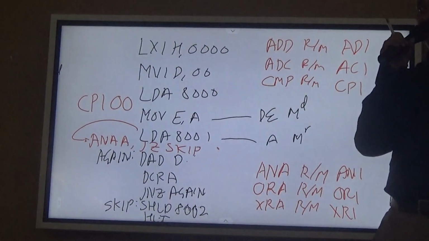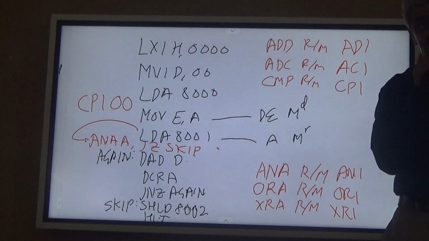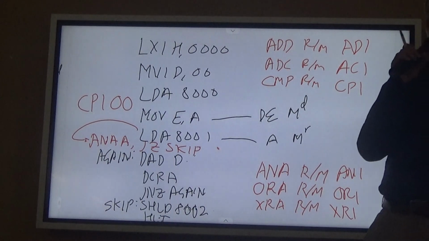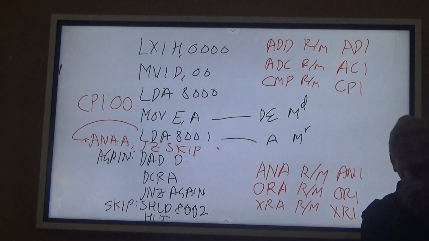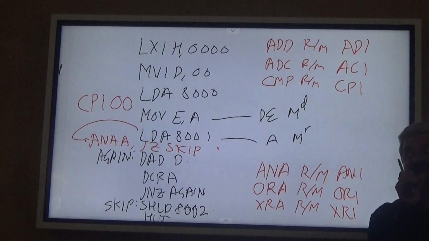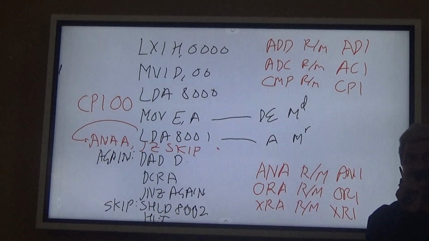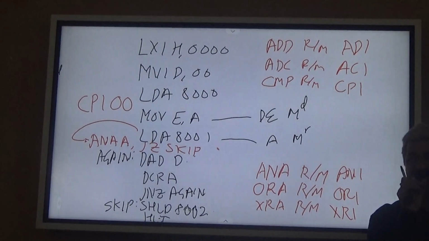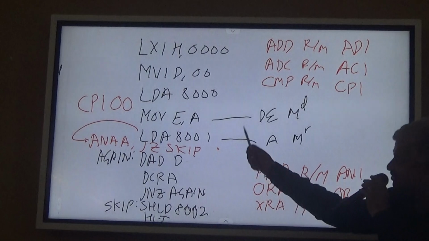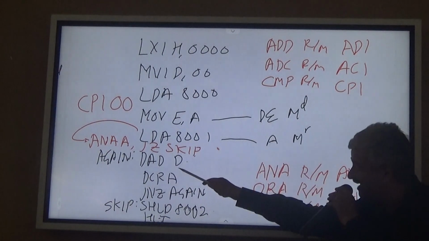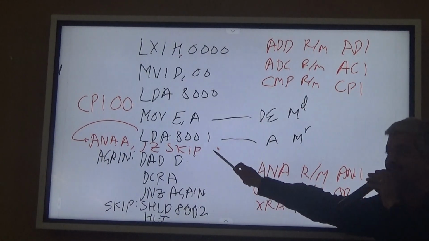Compare accumulator with 0. I have deliberately kept some instructions aside and discussed the compare instruction. In compare, if accumulator is more, carry is reset, zero is reset. If accumulator is less, carry is set, zero is reset. If both are equal, carry is reset, zero is set. So either you can use ANA A, ORA A or CPI 00 and then JZ skip.